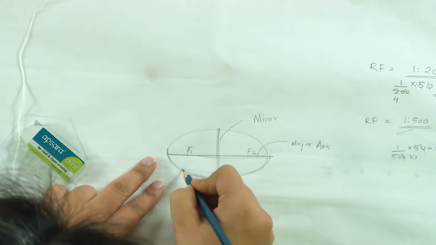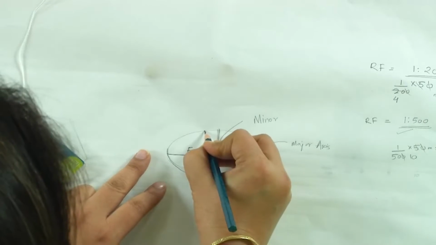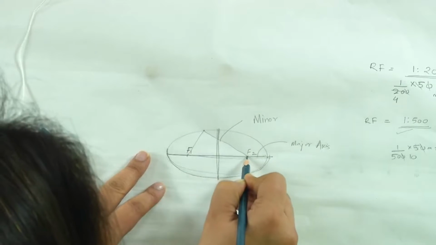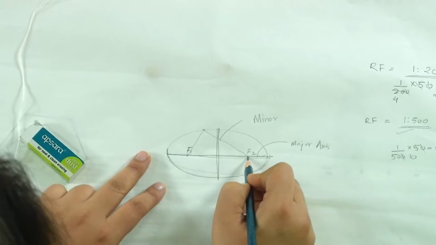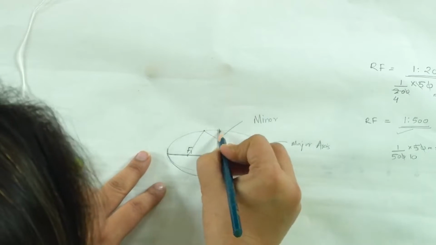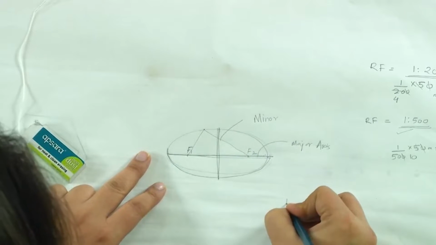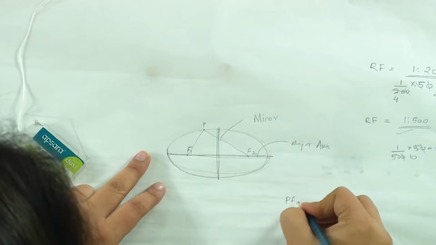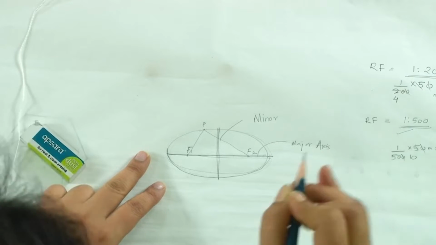This curve, the ellipse, is generated when for any point moving on the ellipse, the sum total of its distances from the two focal points is the same. So, if you want to say what this ellipse is, it is the path traced by a point P when PF1 plus PF2 is constant.